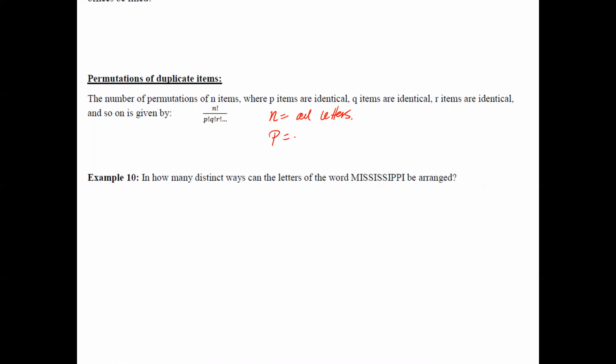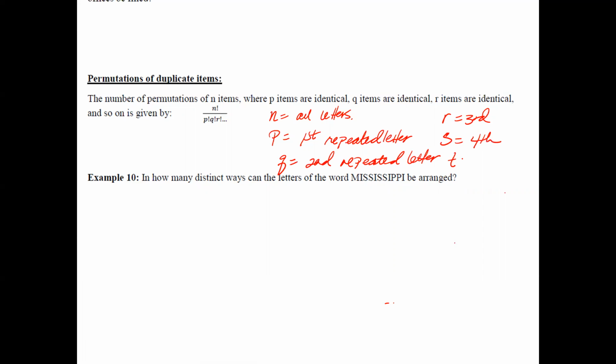P is going to equal the first repeated letter. And Q is going to be the second repeated letter. R stands for the third repeated letter, and so on and so forth. So P, Q, R, we could do S, which is the fourth, and then T, which could be the fifth repeated letter in a word.